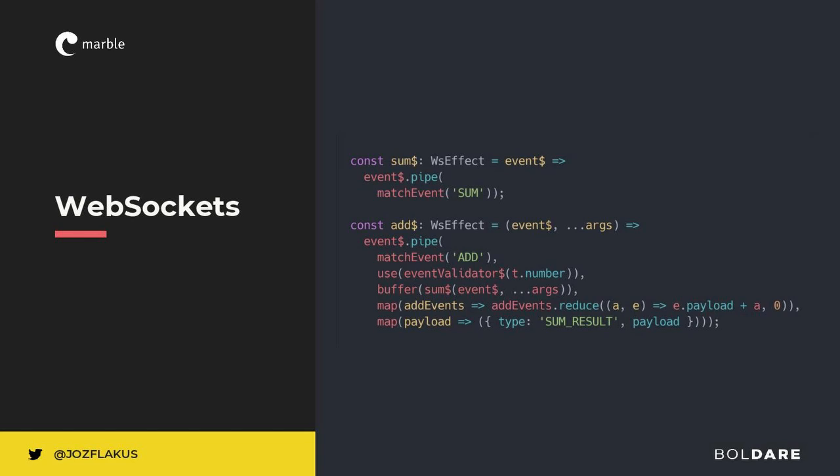The add effect is buffering each add event that is coming to it, and when we reach the sum event, which is our effect terminator, we are flushing our buffer and reducing it to one value, and at the end we are mapping it to another event which has a sum. How does it work?